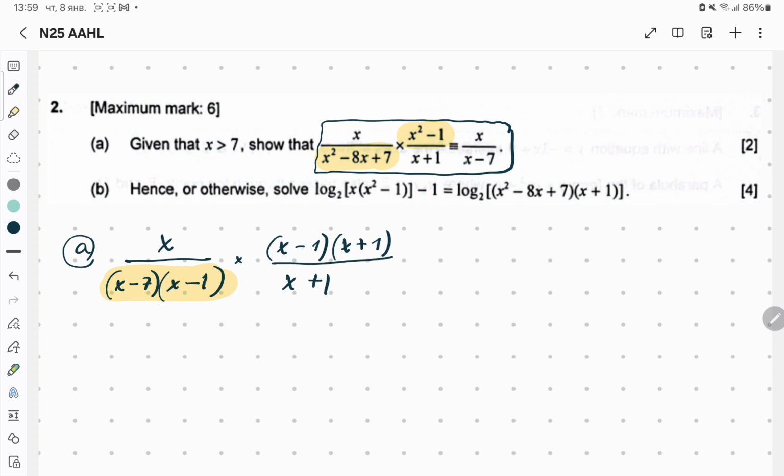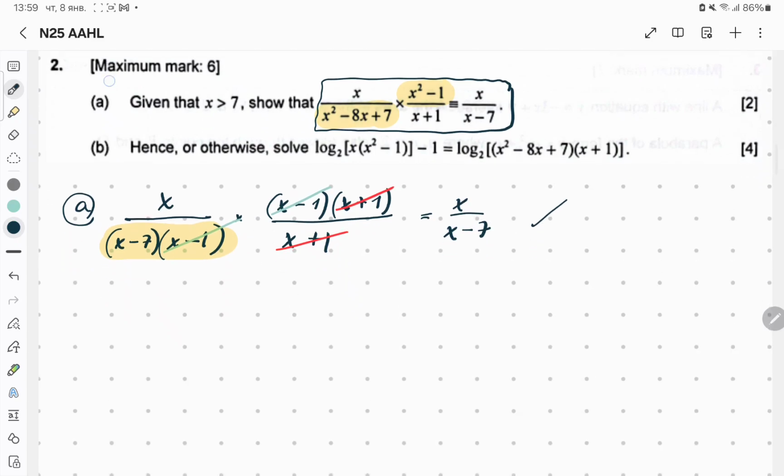Now it's time to reduce the fraction. x plus 1, x minus 1 cancel, and finally we get x over x minus 7. That's it. So it is your two marks.